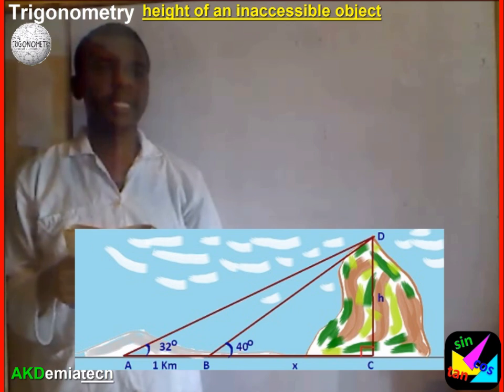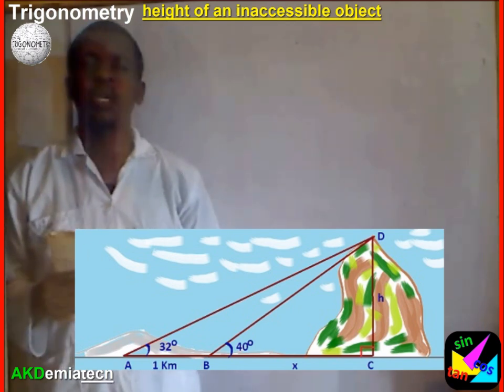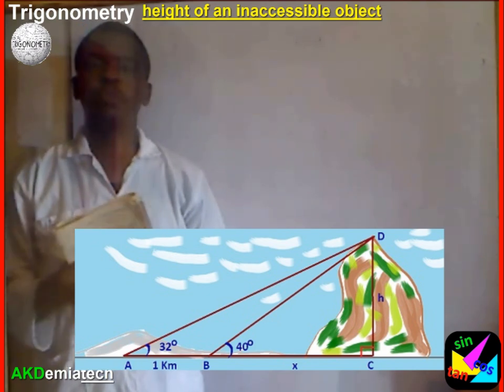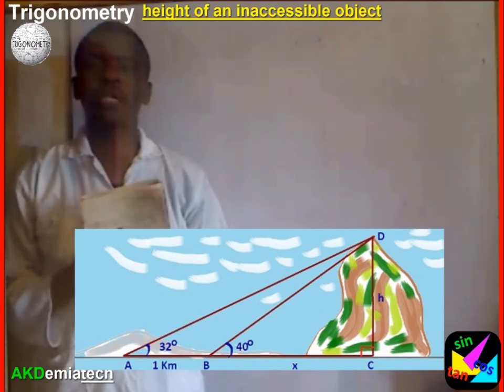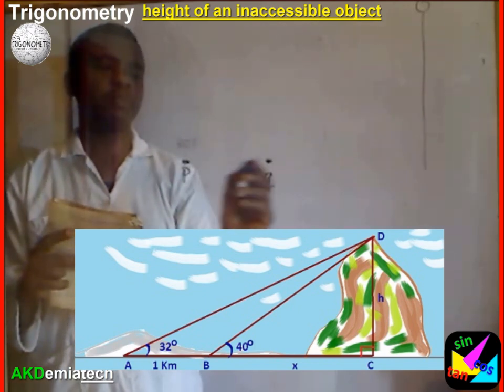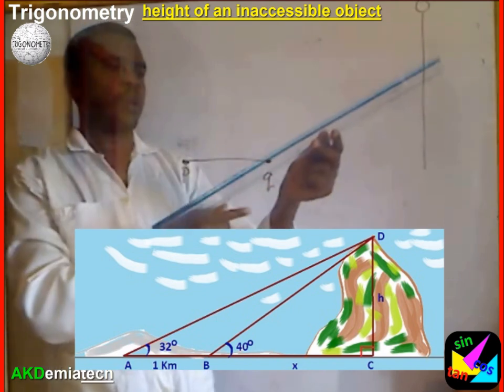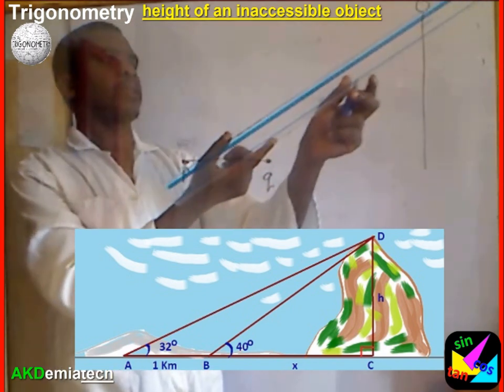Height of an inaccessible object. To calculate the height of an inaccessible object, we choose two convenient points P and Q in line with the object, and the distance between the two points P and Q is measured. The angle of elevation at the top is also measured.